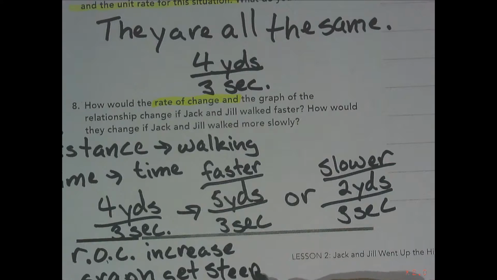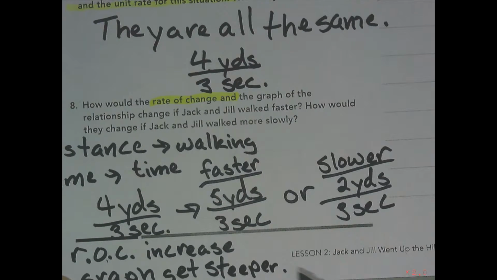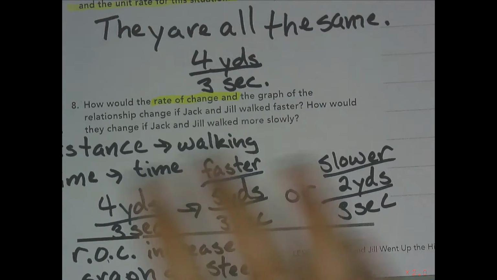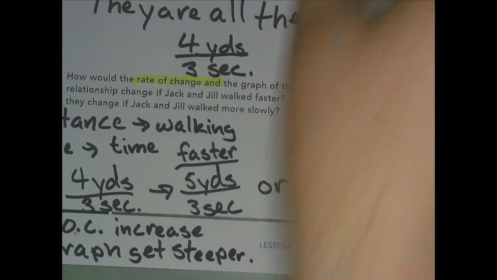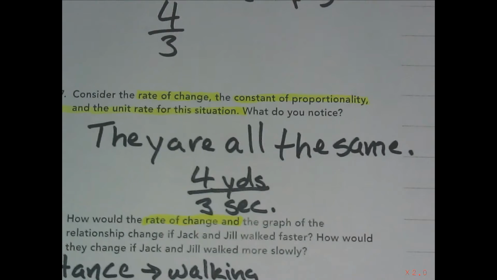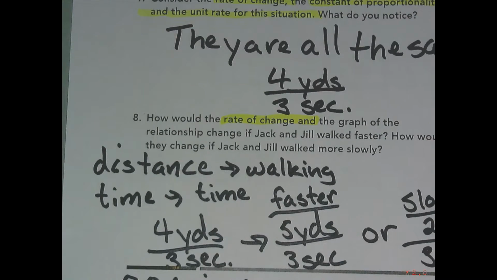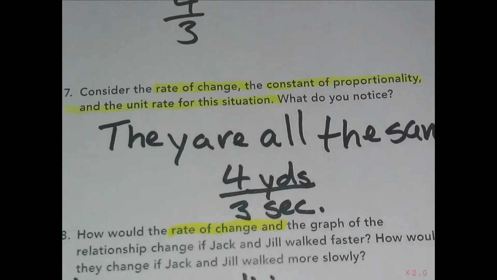Now that's an informal word, but I think most of you guys can understand that. As that number increases, then my graph gets steeper. Does that make sense? Hold on, I'm trying to get this to where you guys can see it better.